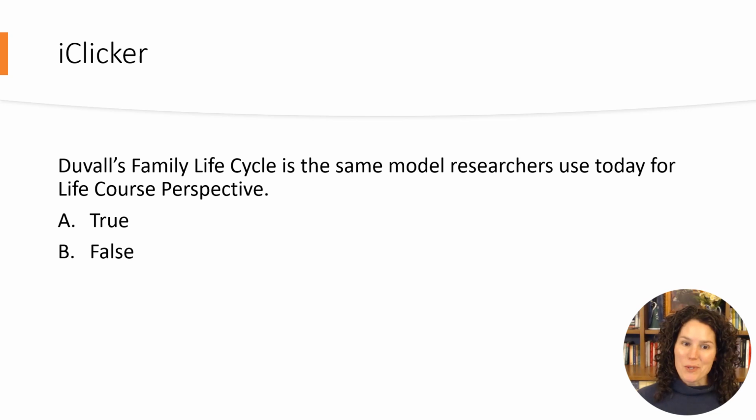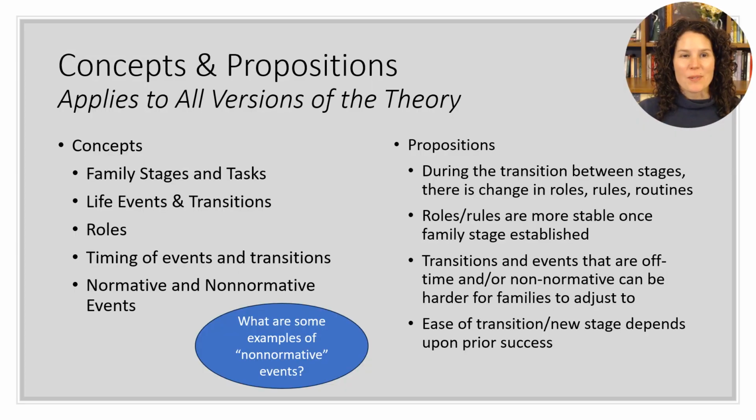Okay, so just to reiterate, Duvall's family life cycle, while useful in helping us think about family stages and tasks, isn't currently being used by researchers today. Let's talk through some specific concepts and propositions related to these family development, family life cycle, life course perspective theories.